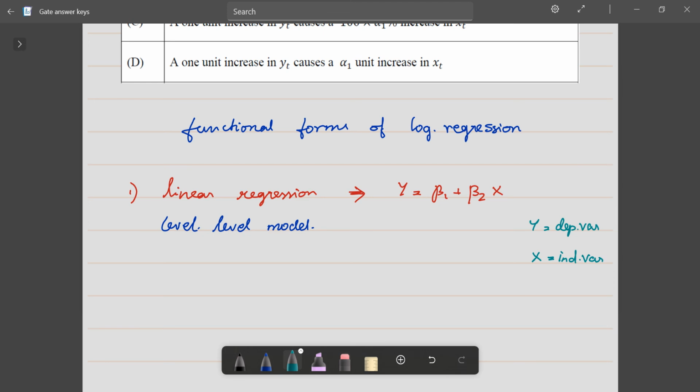And the interpretation of beta 1 is the intercept term in all types of functional forms. So we are just going to see what this term beta 2 means in different functional forms.